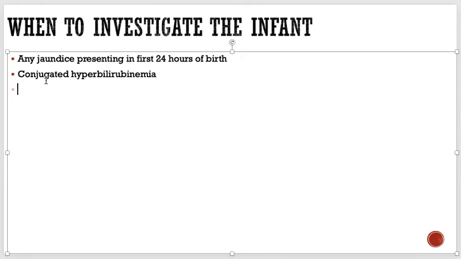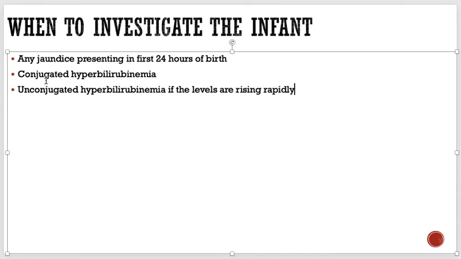And third thing, for example, someone has unconjugated hyperbilirubinemia, if the levels are rising rapidly. I will discuss what this is and why it is important.